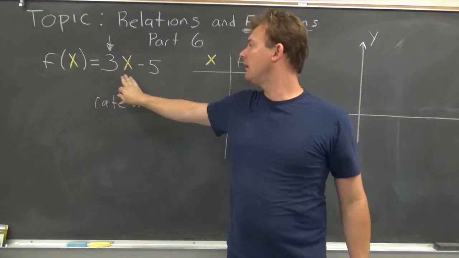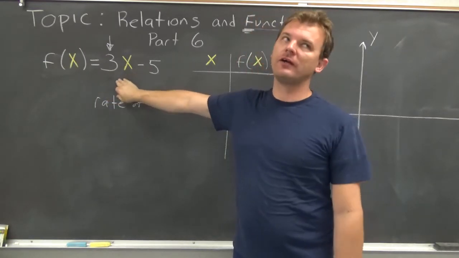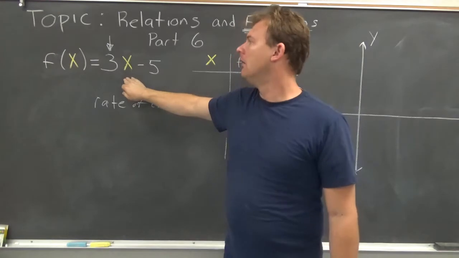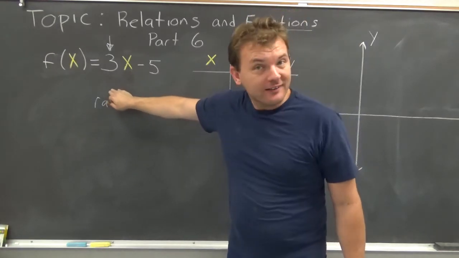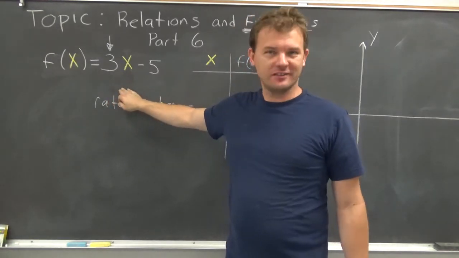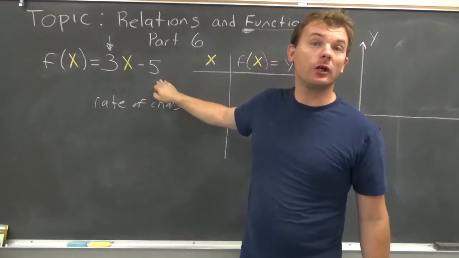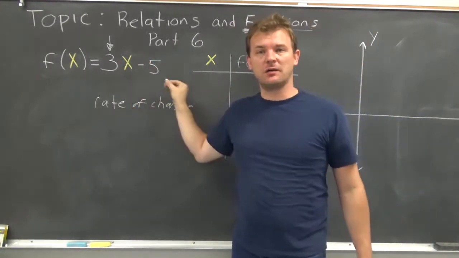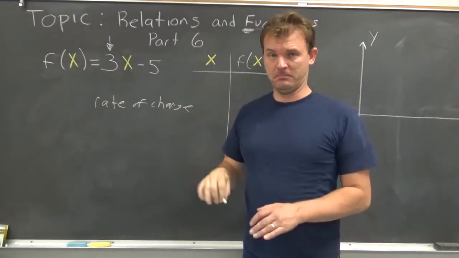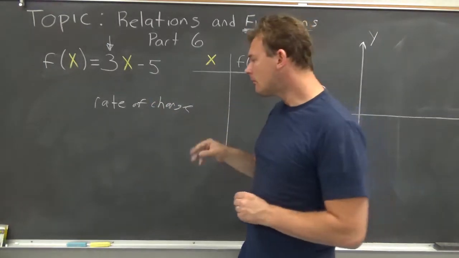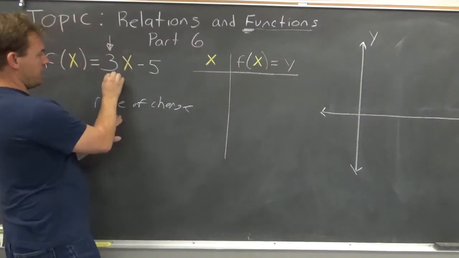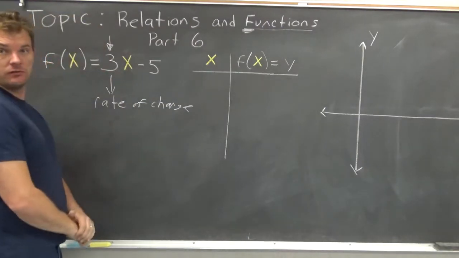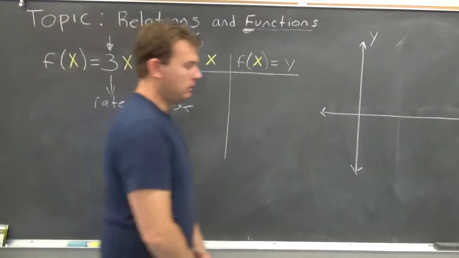So for every hour, every day, every minute, every second, you're getting $3. But you still need to pay back your loan. So that's what this means. And this is actually going to be called something this time, but not until the end. So remember, we still have a rate of change.